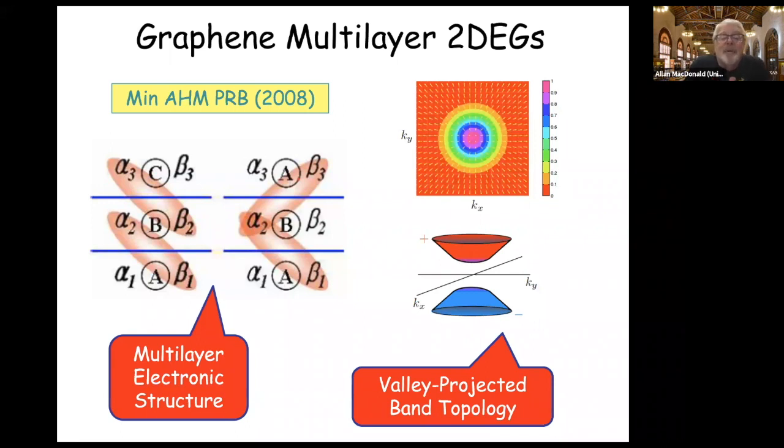What I am referring to here, graphene multilayer 2DEGs, by which I mean even in systems without a Moire pattern, graphene multilayers have interesting properties. The properties of graphene multilayers depend very much on how they're stacked, and this shows two common ways of stacking three-layer systems.